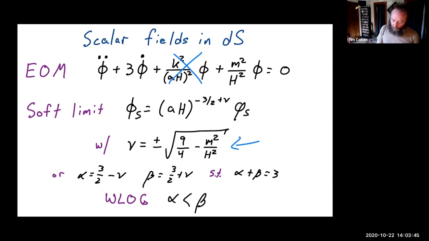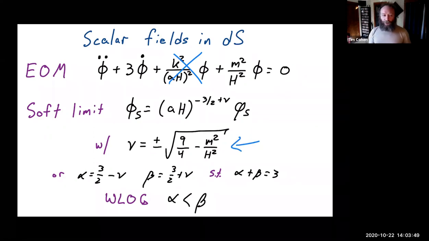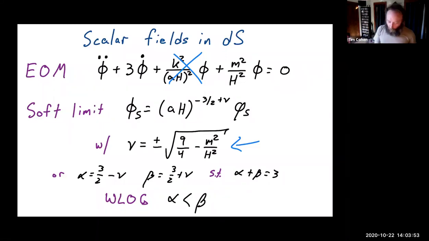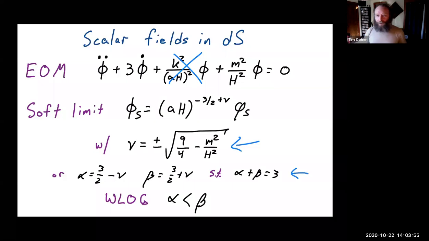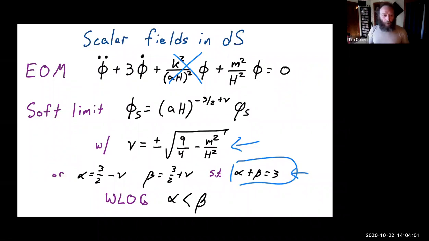This is one place where I'll apologize for notation. I will either use nu, which can take a positive or a negative value and depends on the mass this way, or an alpha and beta, just depending on what's convenient. It's the same thing. Alpha and beta are constrained to sum to 3 because of the 3 spatial dimensions. But you should think of nu or alpha and beta as just proxies for the fundamental mass of the UV particle, okay?